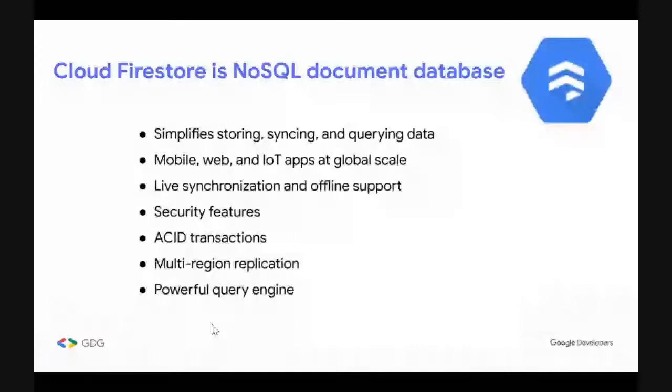Its client libraries provide live synchronization and offline support, and its security features and integration with Firebase and GCP accelerate building a seamless app. Cloud Firestore also supports ACID transactions. So if any of the operations in the transaction fail and cannot be retried, the whole transaction will fail.